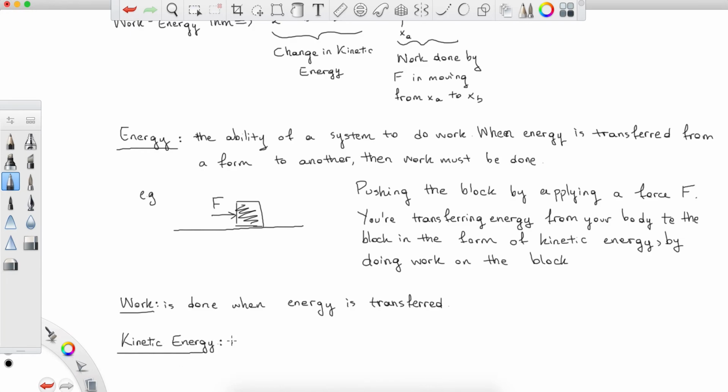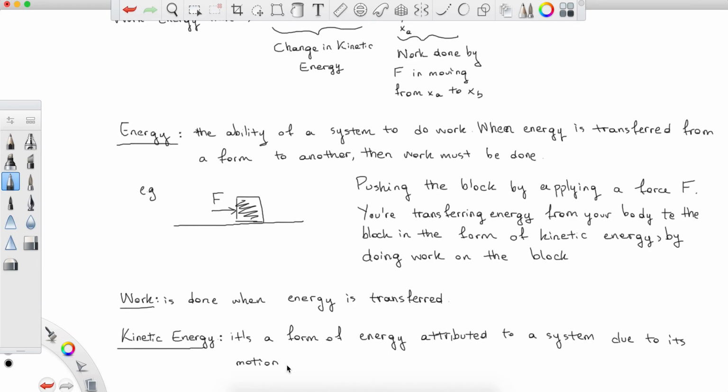It's a form of energy attributed to a system due to its motion. It's the energy, I guess, encapsulated in the movement of an object or a system in general.